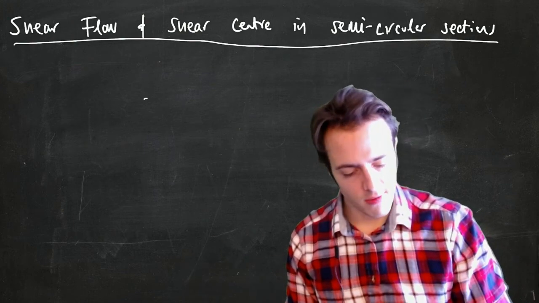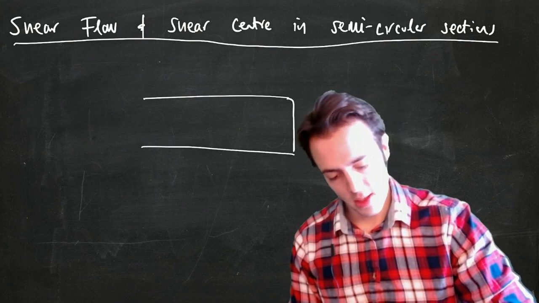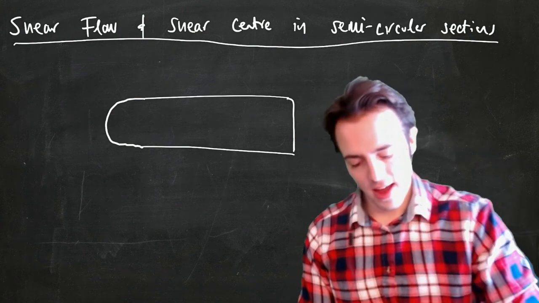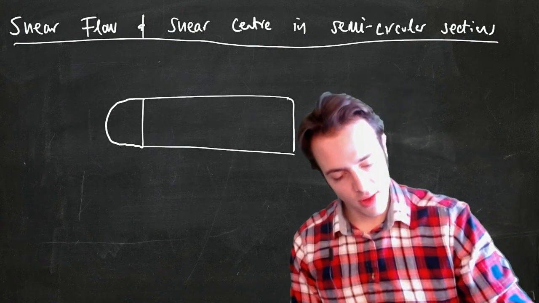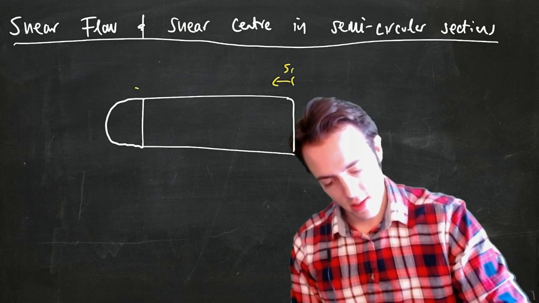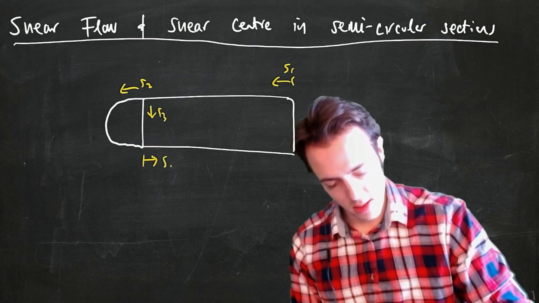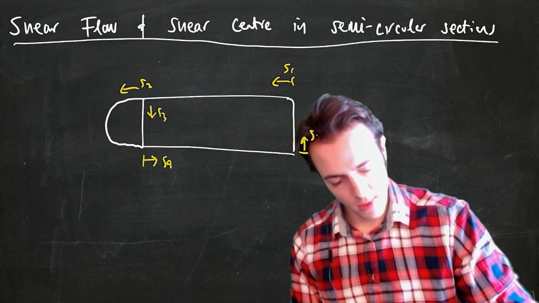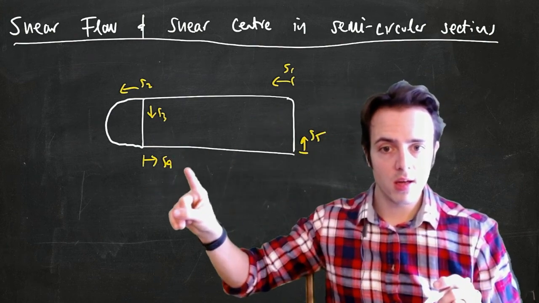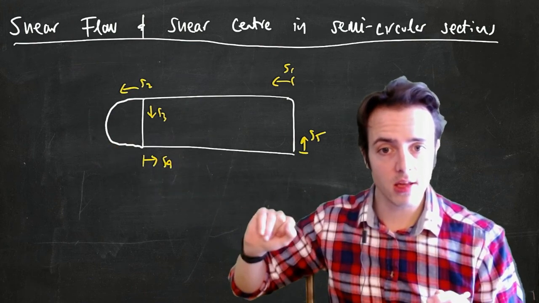So if I were to give you a wing section, for example, that was a closed section that looked like this, then we could work out the shear flows, say S1, S2, S3, S4, and S5. So at the moment we know how to get this one, this one, this one, and this one, but what we don't know how to do is this semicircular section here.